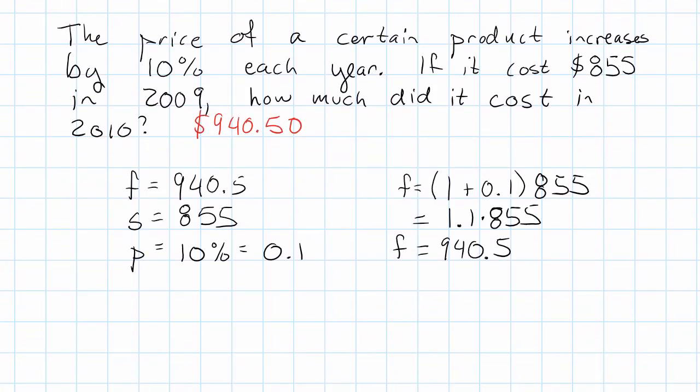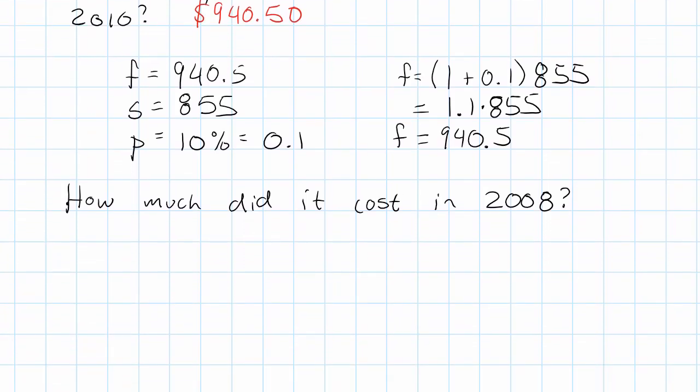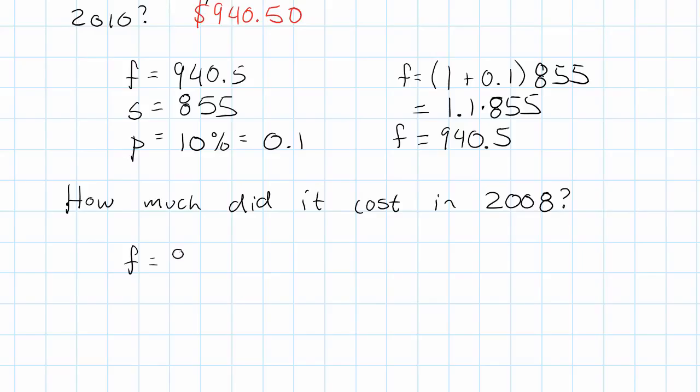Okay, let's think about the same product, but now let's ask, how much did it cost in 2008? Now, 2008 comes before 2009. So now 855 is going to be my final amount, and my starting amount is what I want to find. My percent change is still 0.1.